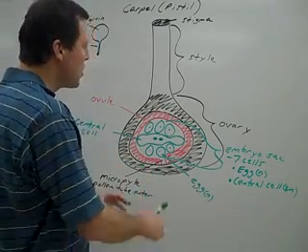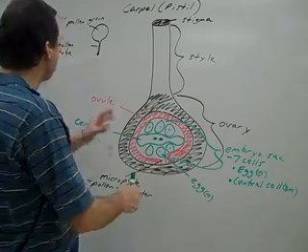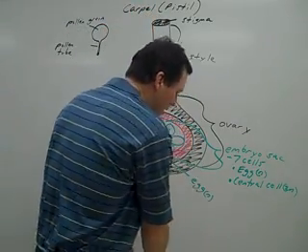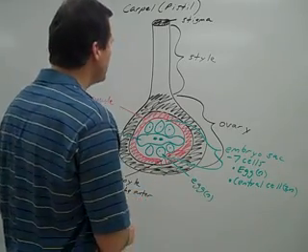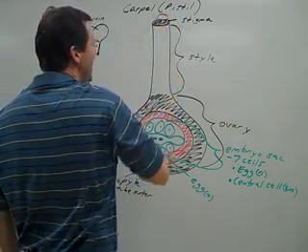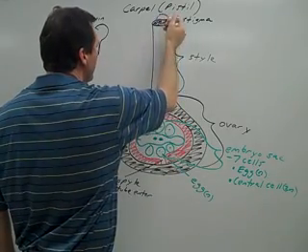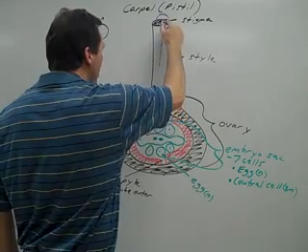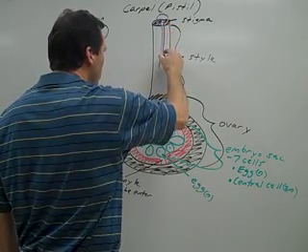Now, let's go ahead and talk about what's going to happen when fertilization takes place, once pollination takes place. When a grain of pollen lands on the sticky stigma, it's going to produce a pollen tube. And this pollen tube is going to grow.